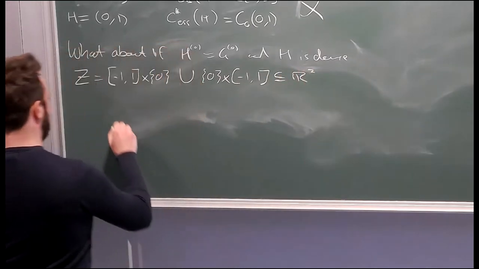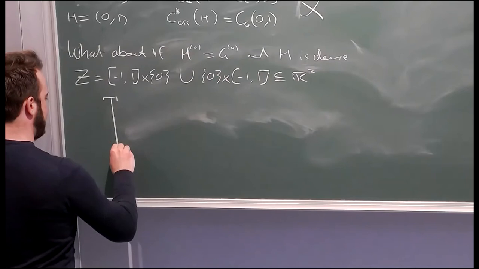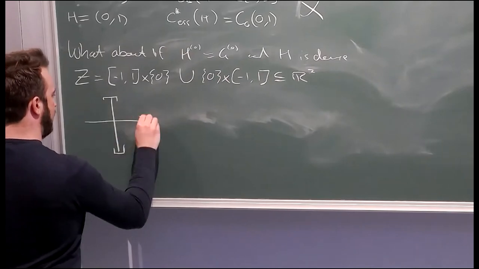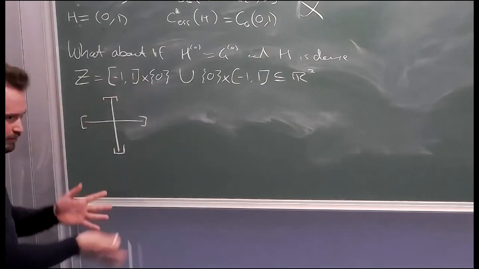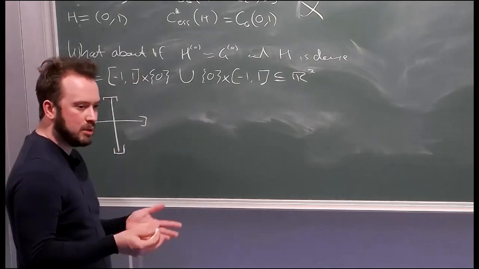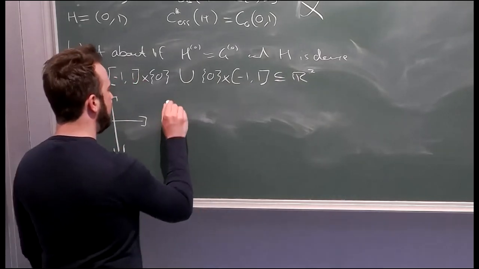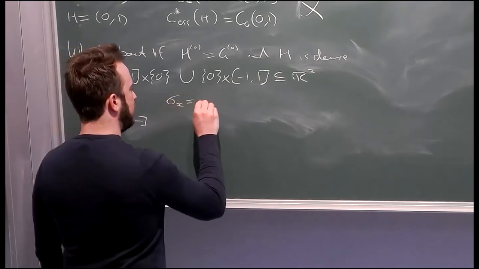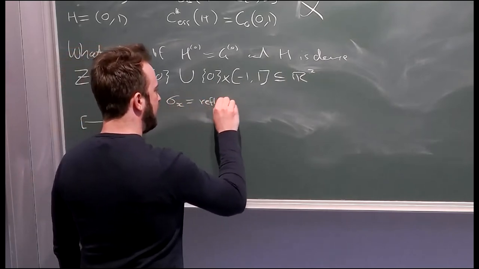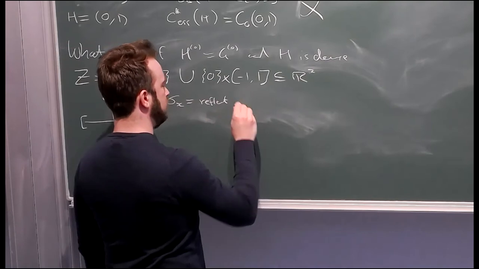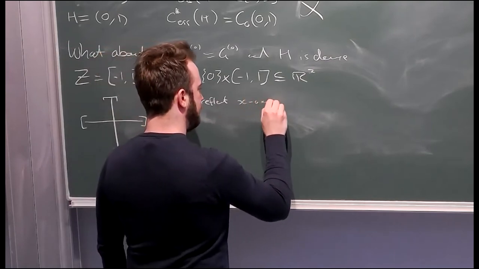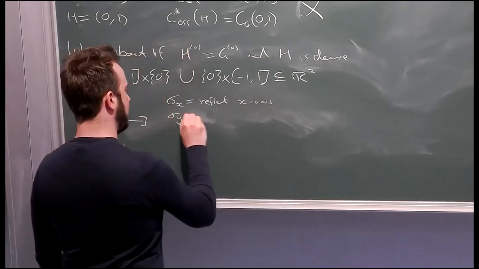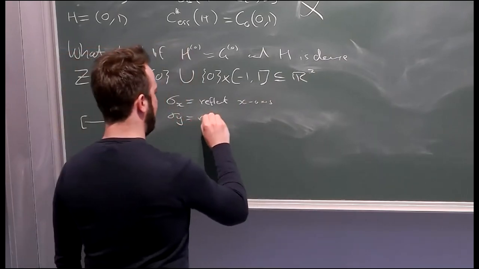So this is like a piece of your axes, just this part of R2. And then you take the action on it generated by sigma x, which is going to reflect the x-axis, and then sigma y, which is going to be the linear transformation that reflects the y-axis.